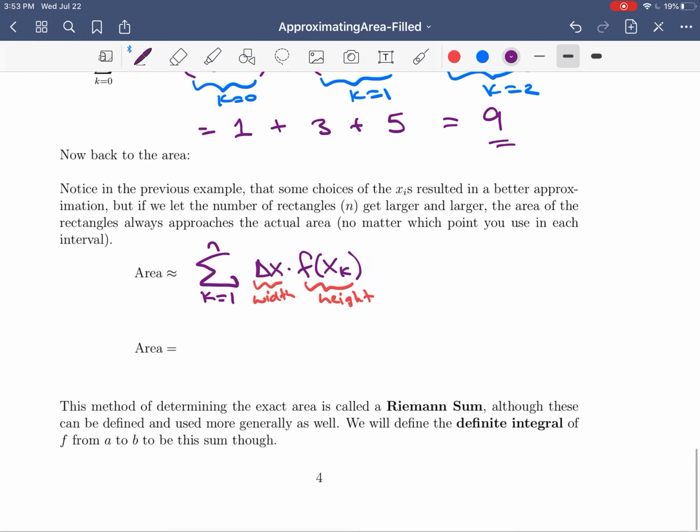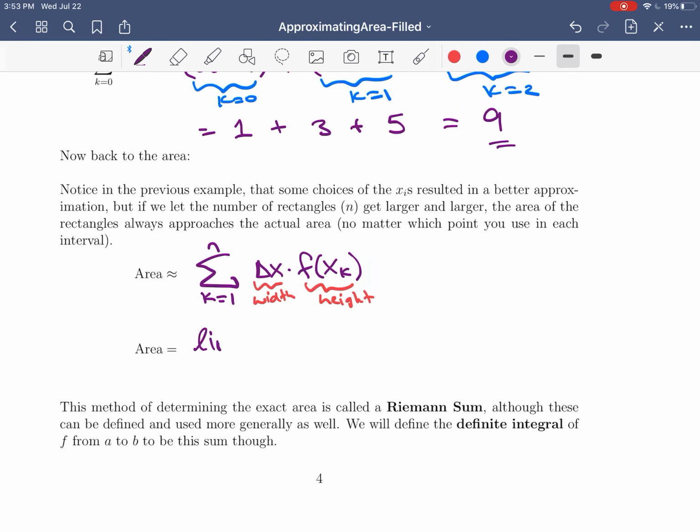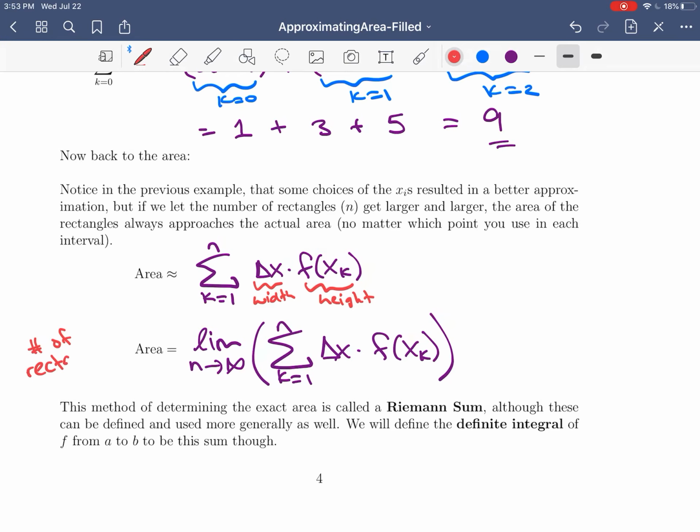And if I take the limit as the number of rectangles goes to infinity of this sum, which is going to look very complicated, I actually get the actual area.